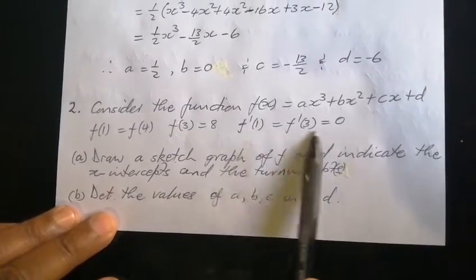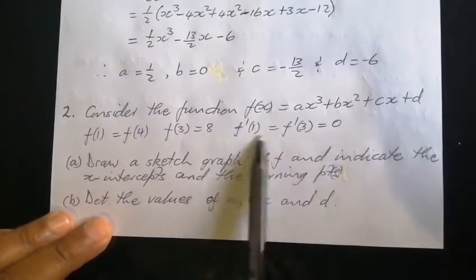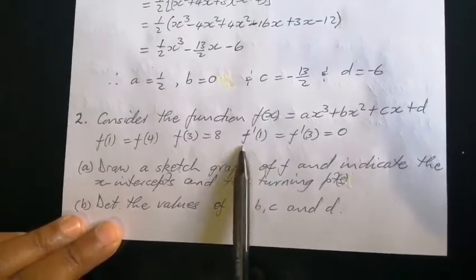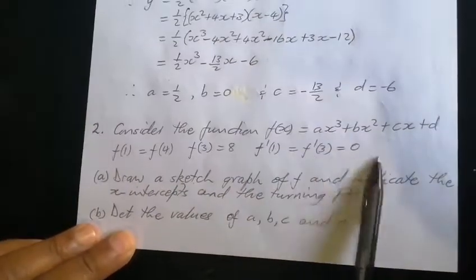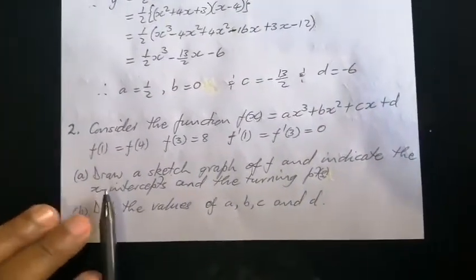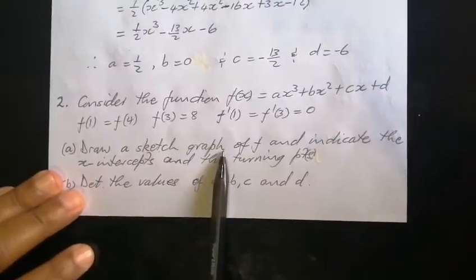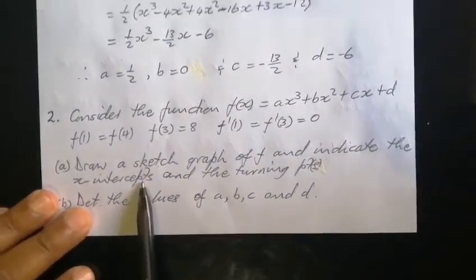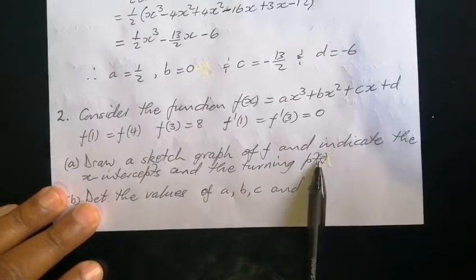These are suggesting to me that these are the stationary points, because we use f dash of x to get the x values at the stationary points. Then it says, draw a sketch graph of f and indicate the x-intercepts and the turning points.